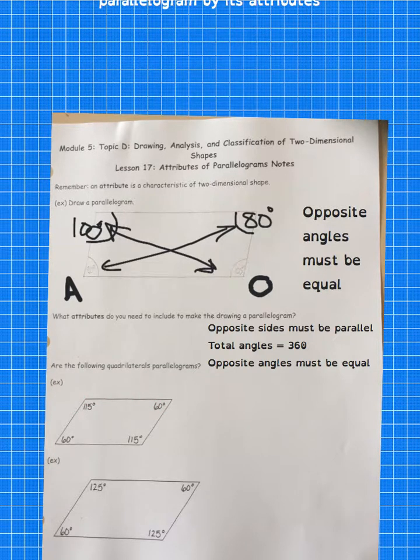We could measure and see if the distance between here and here is the same as here and here. That would let us know if it was going to eventually cross or not. But that looks check, okay? The opposite angles, we can tell right off the bat, opposite angles must be equal. Well, this one's 60 and this one's 60. This one's 115 and opposite it is 115. So that's a check.